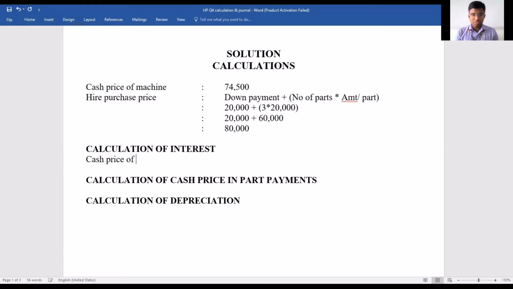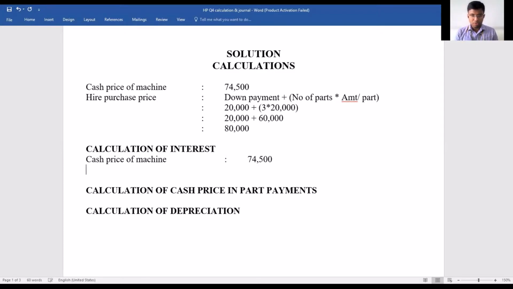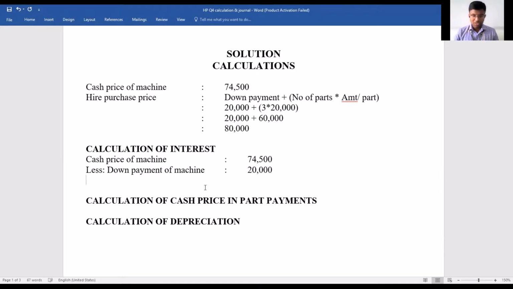You will start with the cash price of the machine, which we know is 74,500. From 74,500, we will have to subtract the down payment of the machine, which is 20,000. When you subtract the down payment, you will get the balance amount. This is the amount that is outstanding.